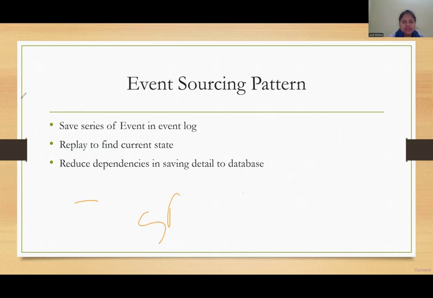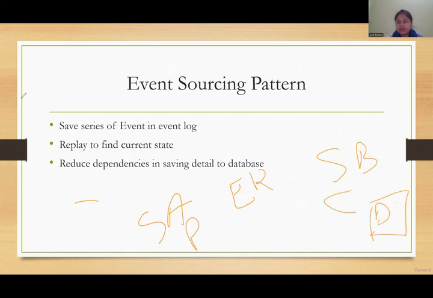Service A, which is your producer. Here you have the event router, and you have service B, your consumer, and there would be a database, right? So as you're saving the whole series of events in the form of an event log, you don't have to do all the transactions in the DB, right?